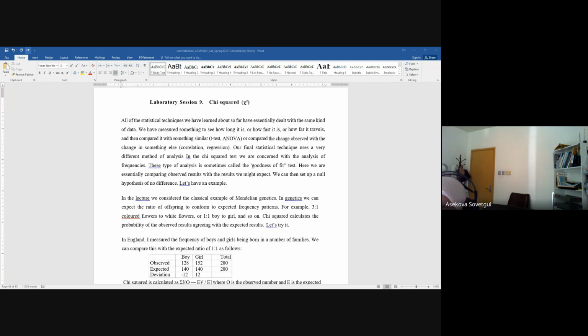So in order to answer this question, we have to memorize all the tests that we have. And today's chi-square test is also no exception, because we also have to think from the perspective of in what situation and how we can apply this chi-square test.